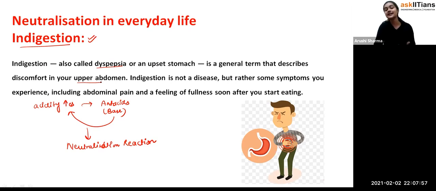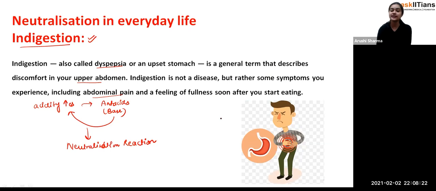To neutralize that acid, we use antacids that are base in nature. Like milk of magnesia, which is basic in nature, which we generally use for indigestion, so the acidity level will decrease and there is neutralization and you get relief. Symptoms include abdominal pain and a feeling of fullness soon after you start eating.